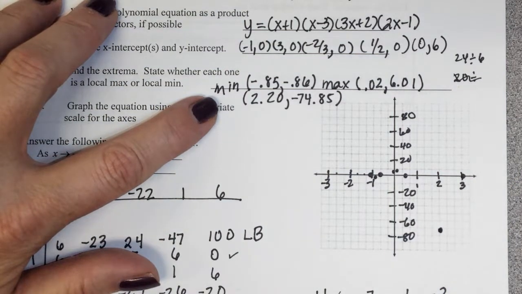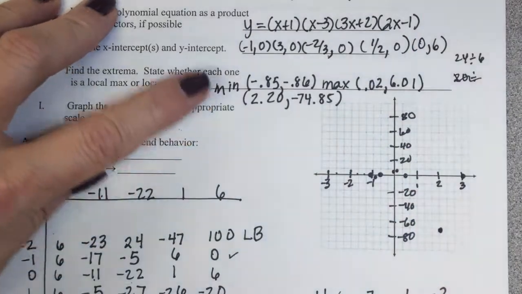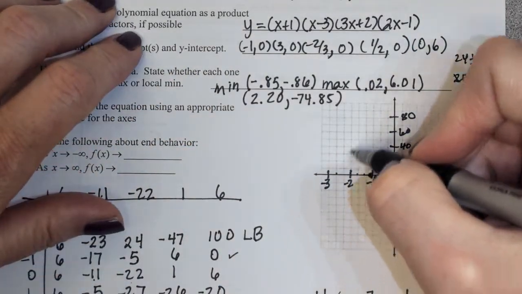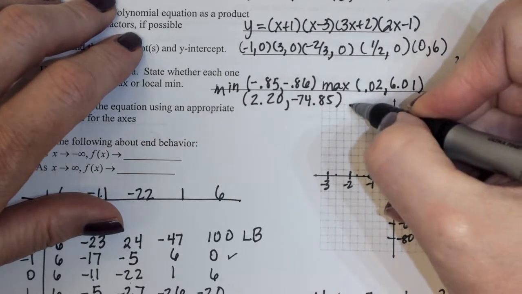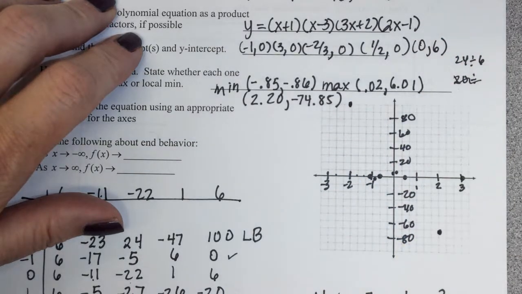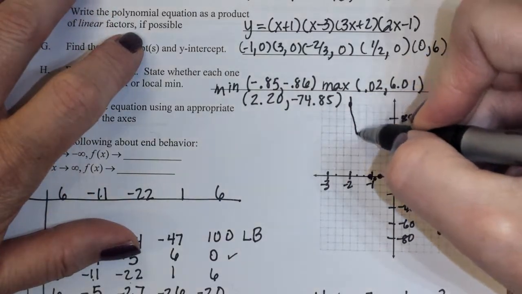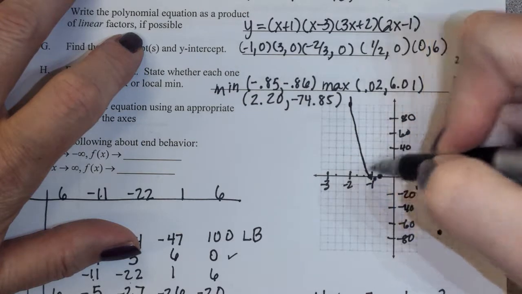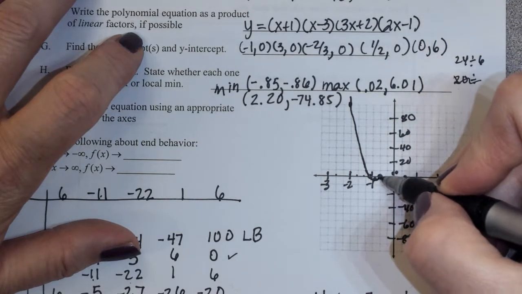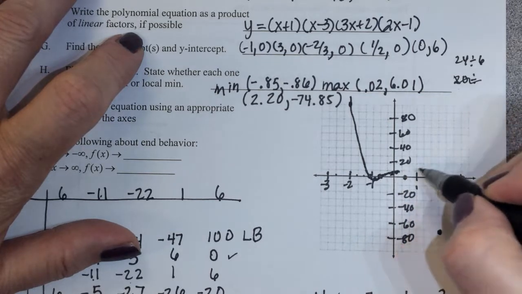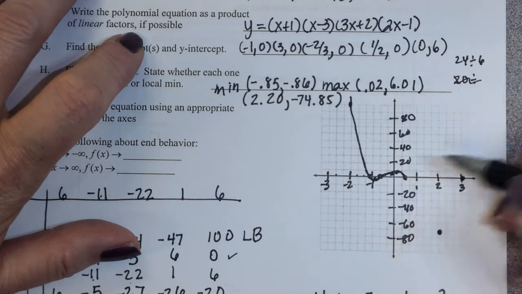So now I want to think about how this looks. I have another point here. Negative 2 is at 100. And yeah, that's pretty good there. Okay, so I know then that my graph has to come down like this, go through the x-axis, go to that minimum, come back up, go through the y-intercept, come to the maximum, go to that.